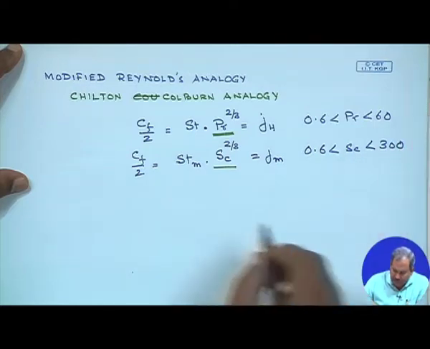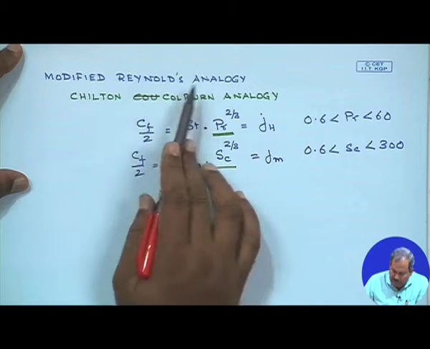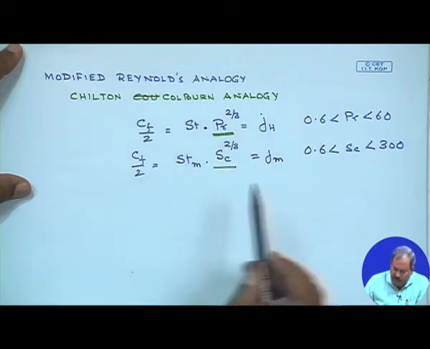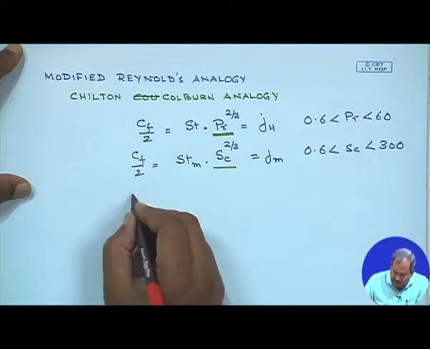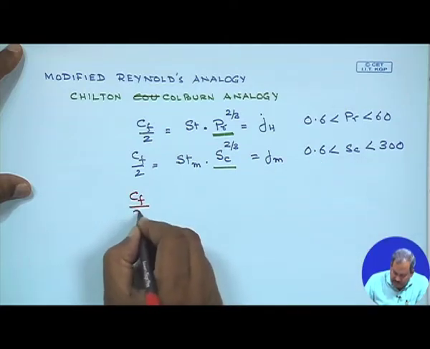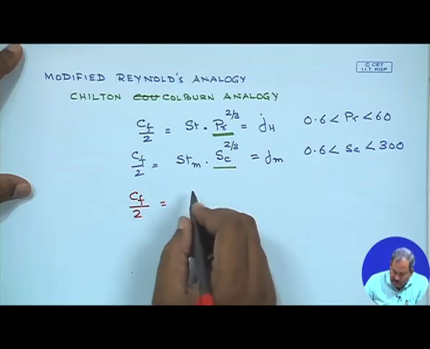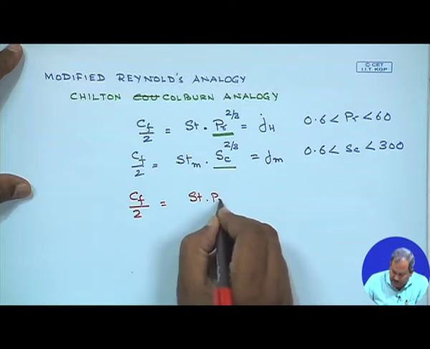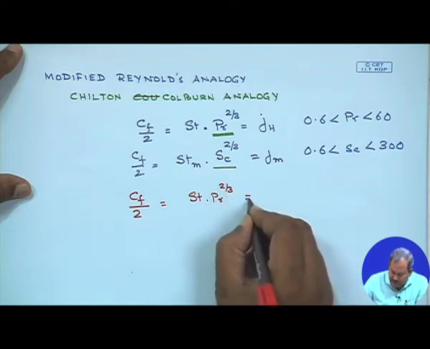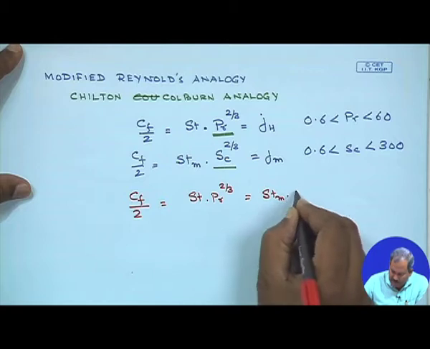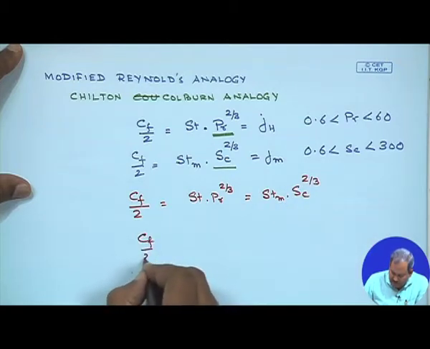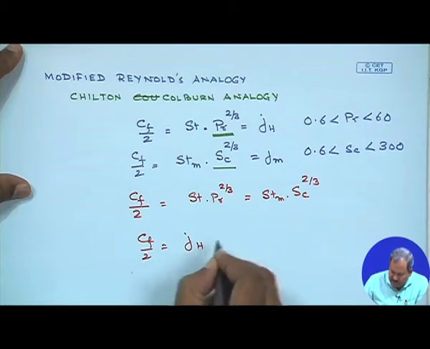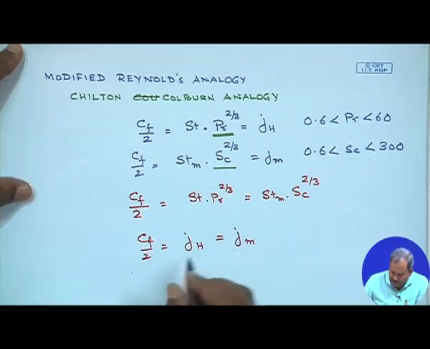Therefore, the modified Reynolds analogy or Chilton-Colburn analogy, which is valid over a wide range of Prandtl number and Schmidt number, is expressed as Cf, the friction factor by 2, equal to Stanton number times Prandtl number to the power 2/3, equals Stanton number based on mass times Schmidt number to the power 2/3, or Cf by 2 is equal to Jh equal to Jm.